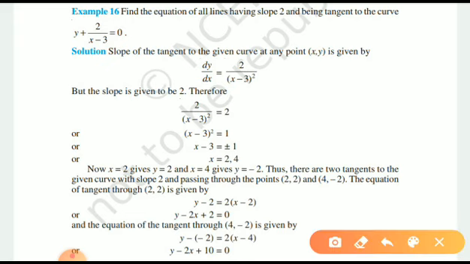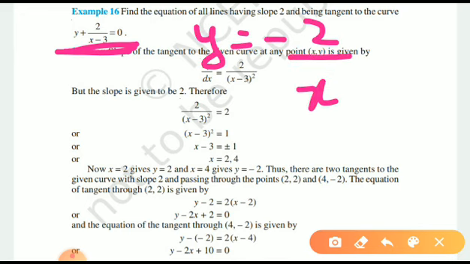Now can I find the slope of this curve? This equation I can write as y = -2/(x - 3). Now find your dy/dx. dy/dx will be the derivative of -2/(x - 3).